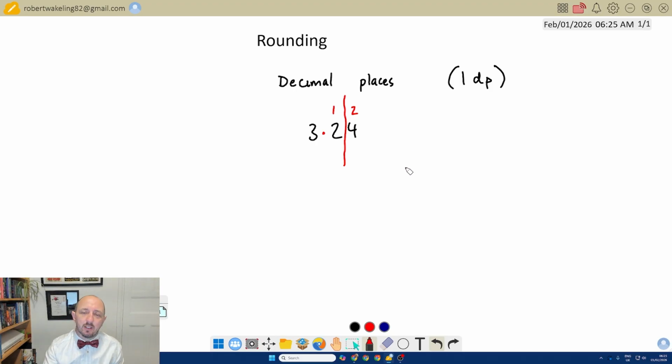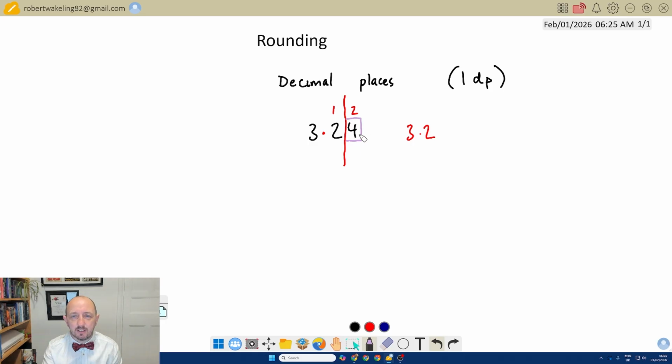Now, we could leave this as 3.2, but we have to be very careful. The number after the line where I've cut this, if it is a 4 or below, so 4, 3, 2, 1 and 0, we leave it as a 3.2. We round down.